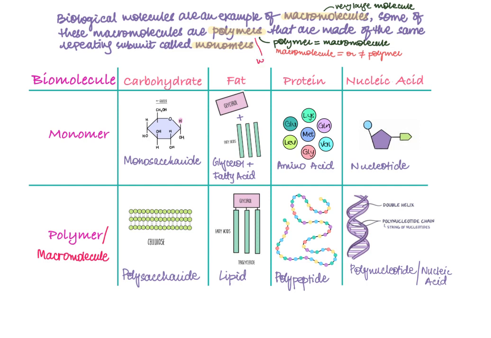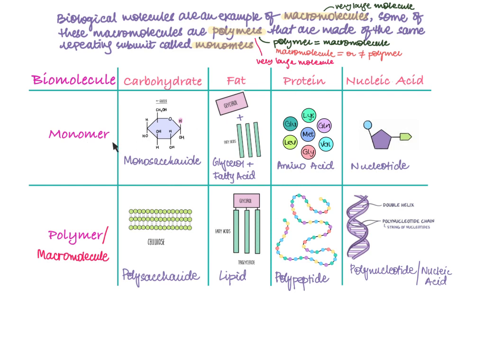Polymers are also very large molecules, which is why every polymer is a macromolecule. But polymers consist of the same repeating subunit. So, for example, a protein is a polypeptide, which means it is a polymer made up of the same repeating subunits, which are your amino acids. And a single amino acid is the monomer of protein.